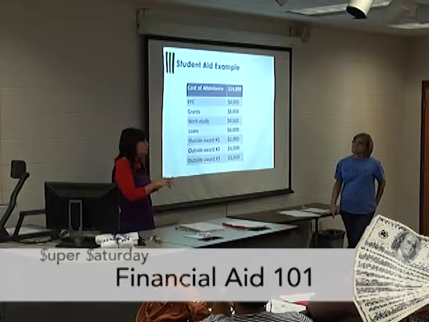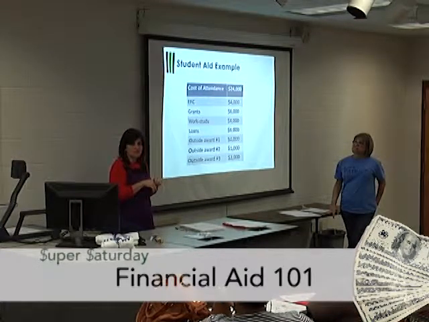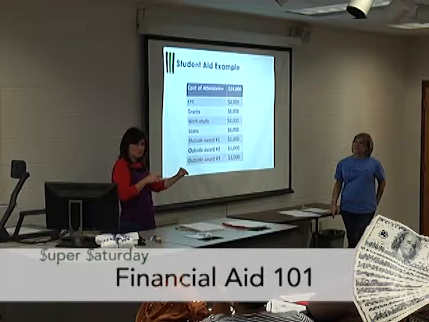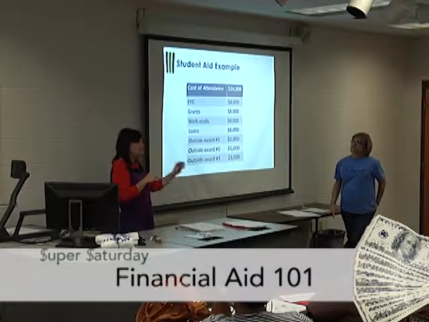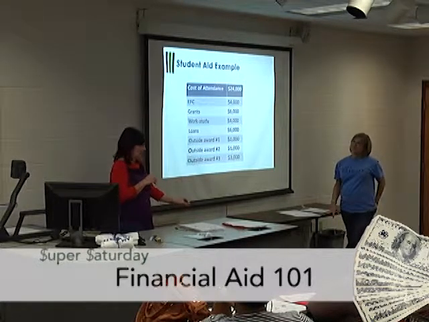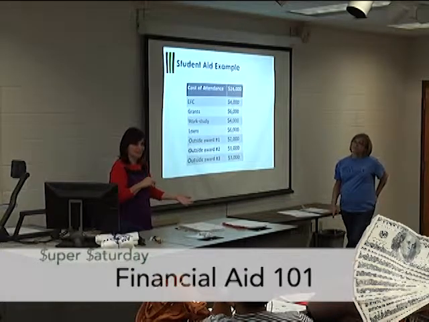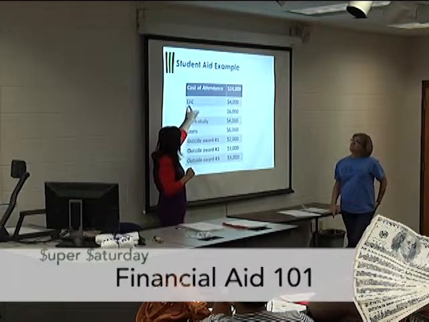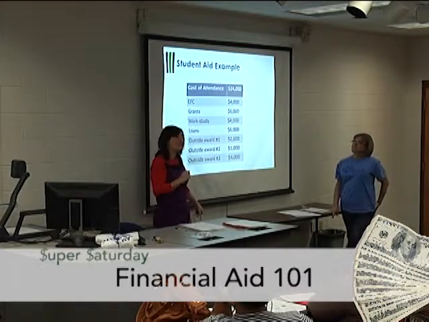Those are things that we'll talk to you more about, but use what's best for you. Doesn't mean that you need to eat 3 meals a day in the dining hall, because you probably won't. Okay, so your EFC, your estimated family contribution, is $4,000.